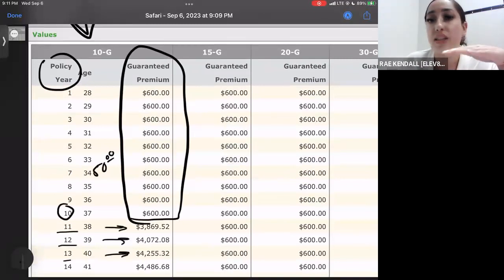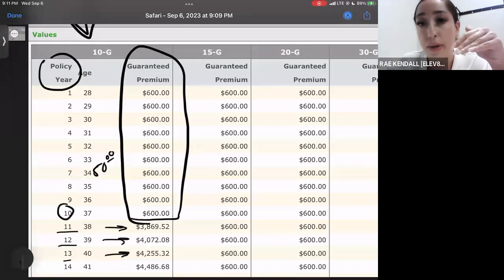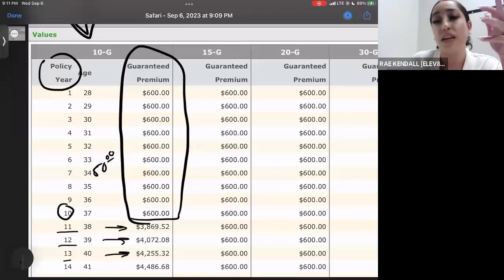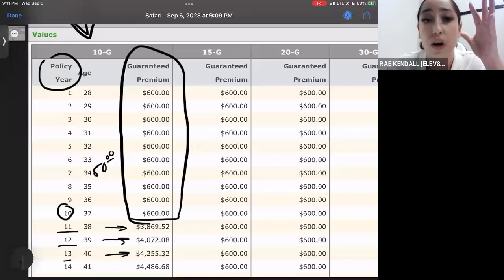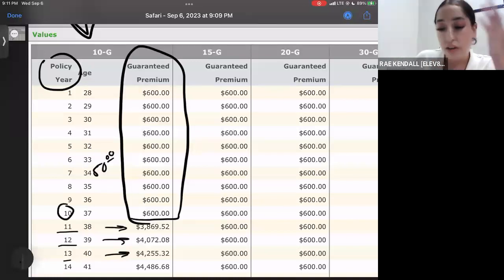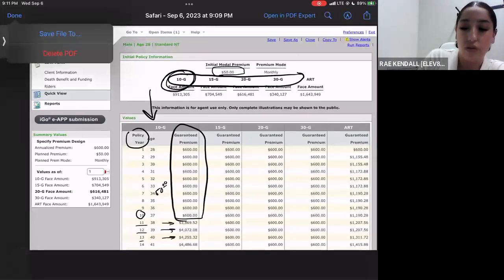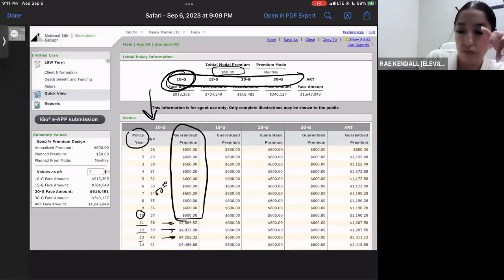The only thing that the term is guaranteeing is that the policy premium is guaranteed for that amount of time. In 10 years, the client can say, yes, I want to continue this policy at an increasing rate over time, or no, I would like to just lapse the policy and close it out at my 10 years. Okay, so does anyone have questions about that part?